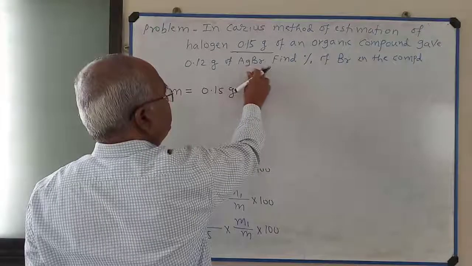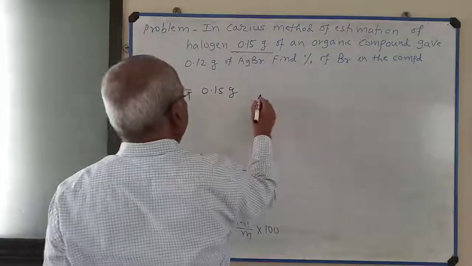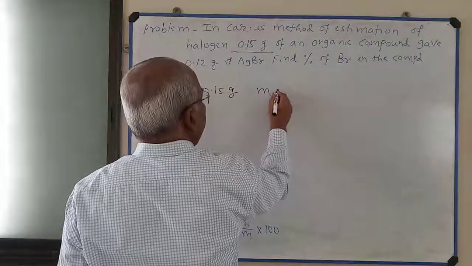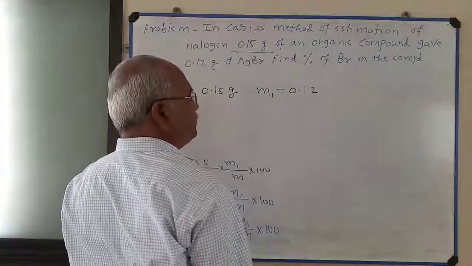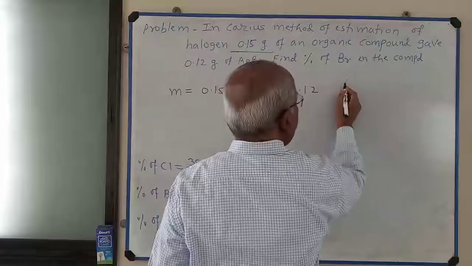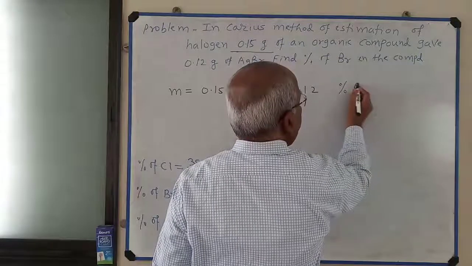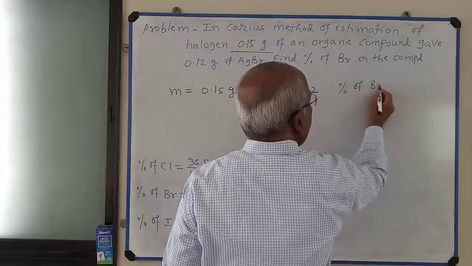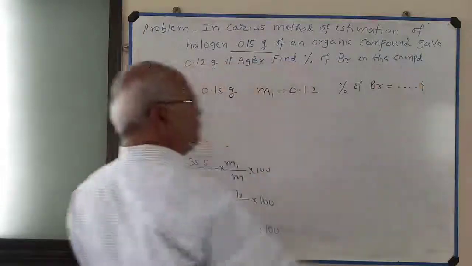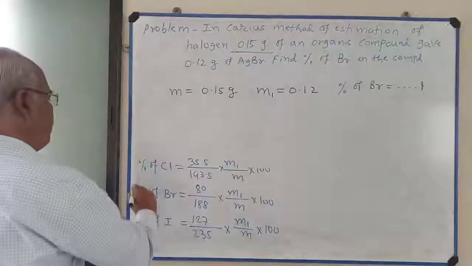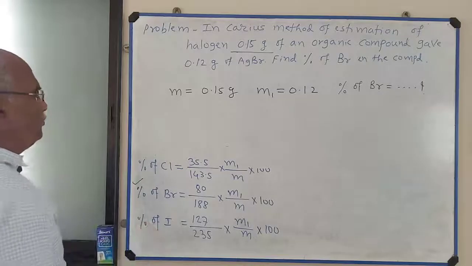Weight of silver bromide is given, m1 is equal to 0.12. We have to calculate the percentage of bromine. This formula we are going to use.